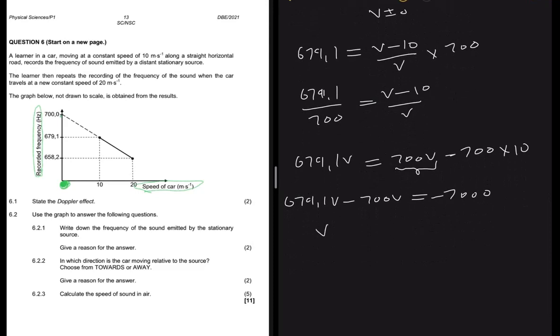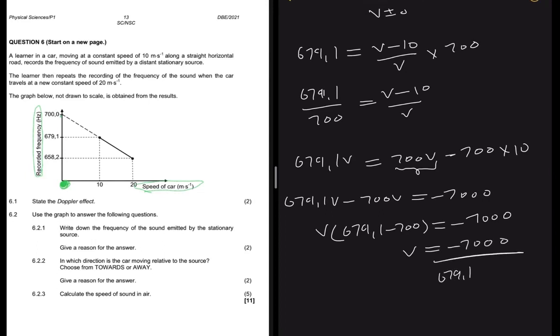So now I can take V as a common factor. That will give me 679.1 minus 700 times V equals minus 7,000. And then V is thus equal to minus 7,000 divided by 679.1 minus 700. Let me put that in my calculator real quick.